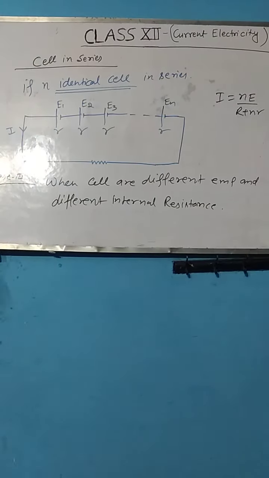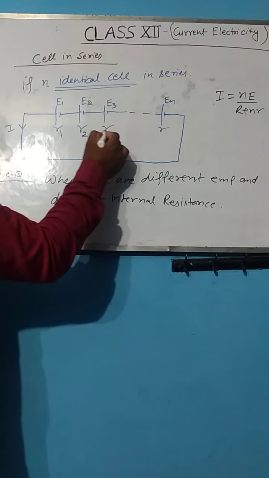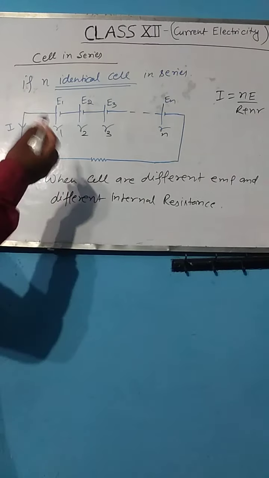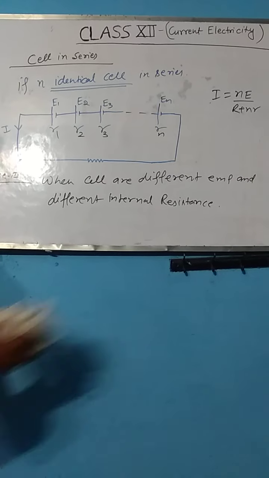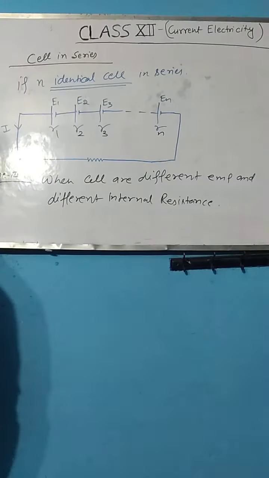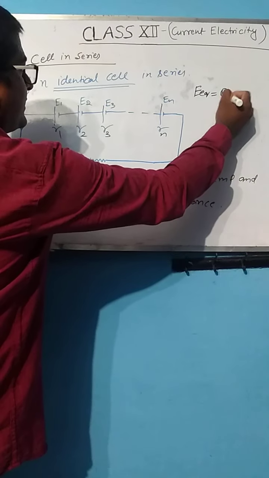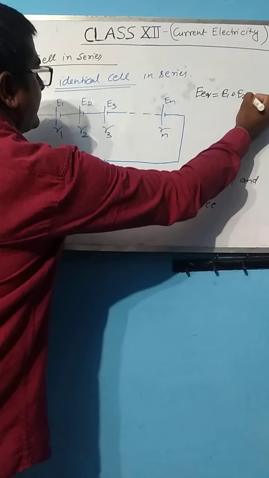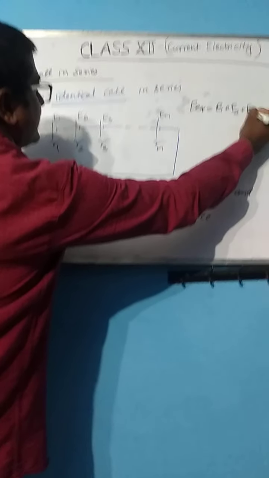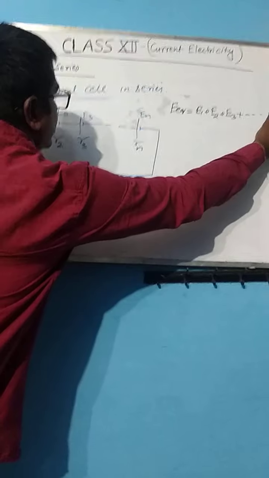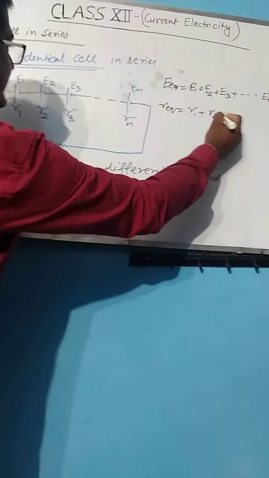So for this case, the values will be changed. For the equivalent, we have to decide the value of I. So E equivalent will be given by E1 plus E2 plus E3 plus dash En, and R equivalent will be given by R1 plus R2 plus dash Rn.